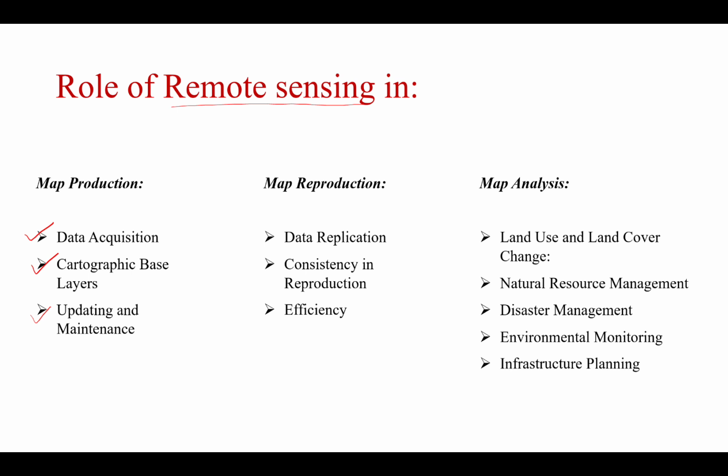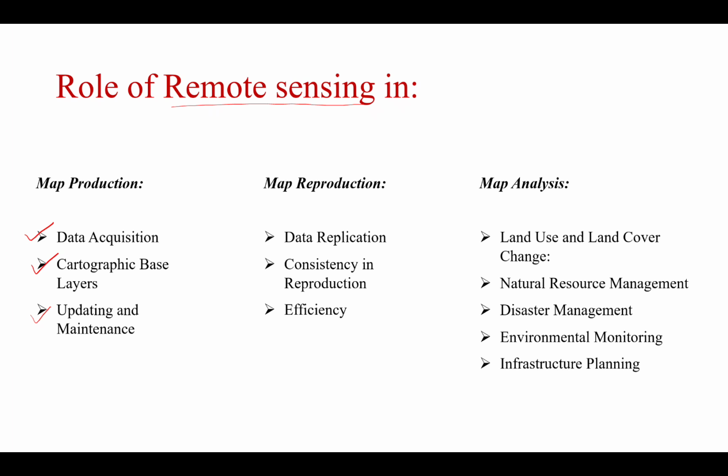For example, with Google Earth images, some of the images are quite old, some from the late 1900s, and from that time they have been updating and maintaining the map till now. Almost each month you can see a change in the earth's surface and see the differences. All of that is done through remote sensing.